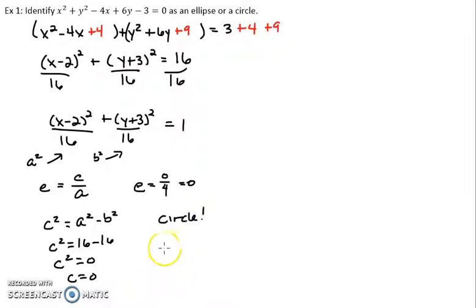Now, the quick way to tell is if a equals b, then we are going to have a circle. And if you think about graphing this thing, you'll kind of see why. So this is going to be centered at (2, negative 3).